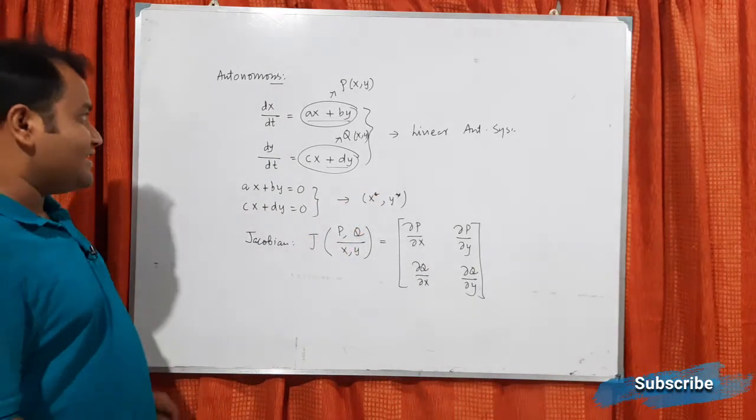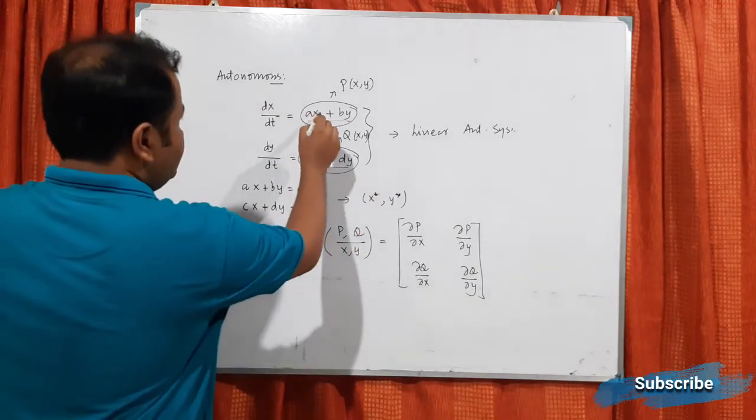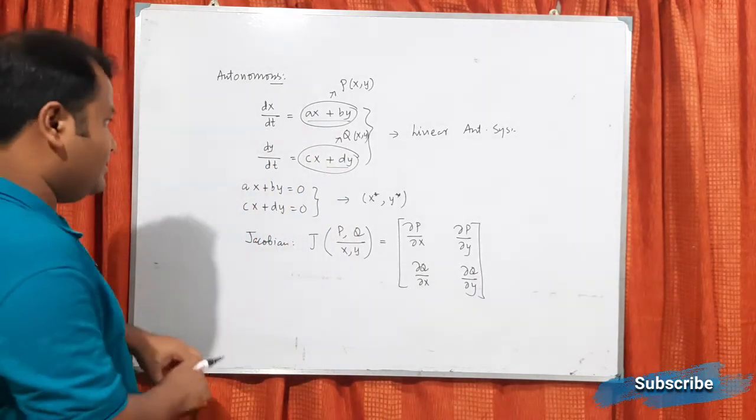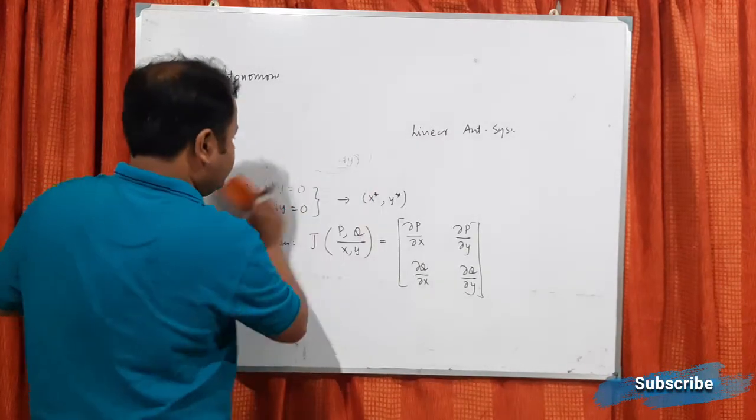Now the question is, what will happen if the functions p(x,y) and q(x,y) are not linear?